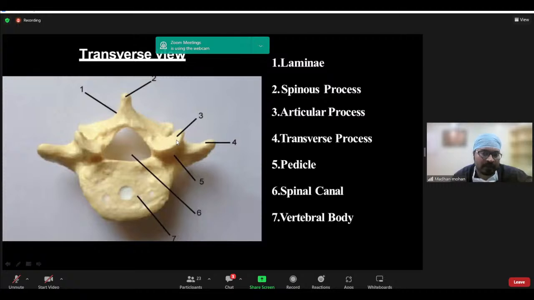Each vertebra has two superior articular processes and two inferior articular processes. The superior articular process unites with the inferior articular process of the superior vertebra, forming the facet joint. And the vertebral canal lies between the vertebral body and the posterior arch. So the vertebral canal contents will be lying in this area.